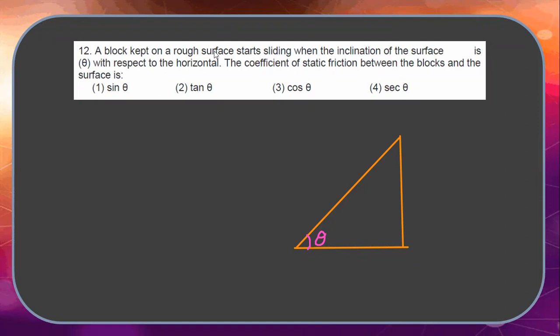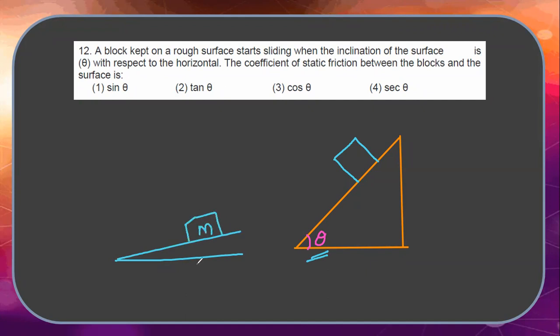Then if we keep the body on it, sliding depends upon this angle. If this angle is less, sliding won't be there. So the angle at which this body slides down on the inclined plane is called the angle of repose. For example, this is the body and the angle is like this.